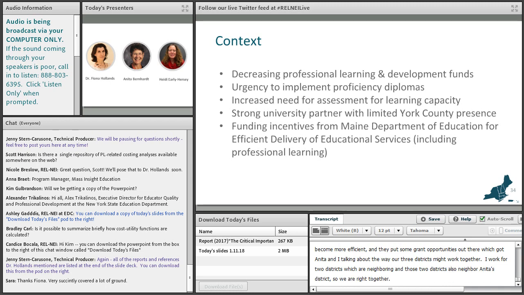And ultimately, our goal was to work collaboratively and as efficiently as possible to provide high-quality professional development in the area of assessment for learning for as many teachers as we could touch in our district and in our surrounding districts. We really wanted to make this a regional opportunity.